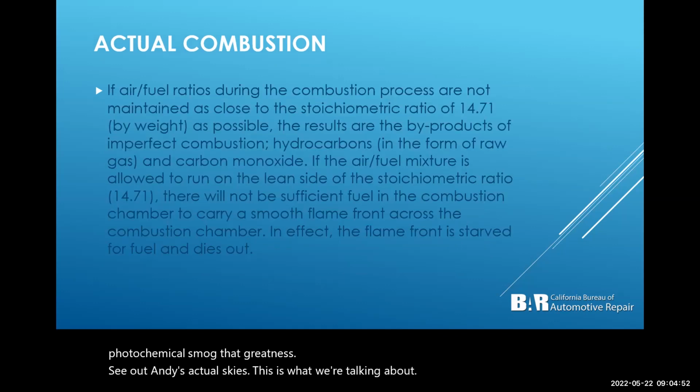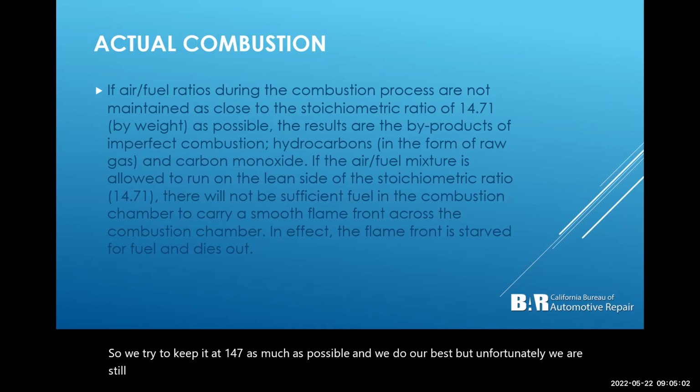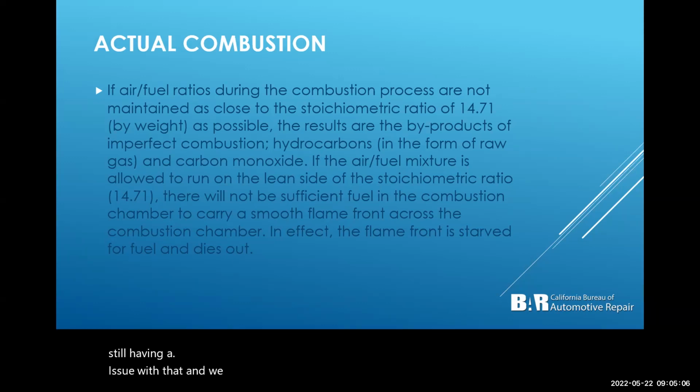So we try to keep it at 14.7 as much as possible, and we do our best, but unfortunately we still have an issue with that, and we have gases that go out, like I said before, nitrogen oxide. We actually have carbon monoxide, not dioxide, but monoxide instead of the dioxide that we wanted.